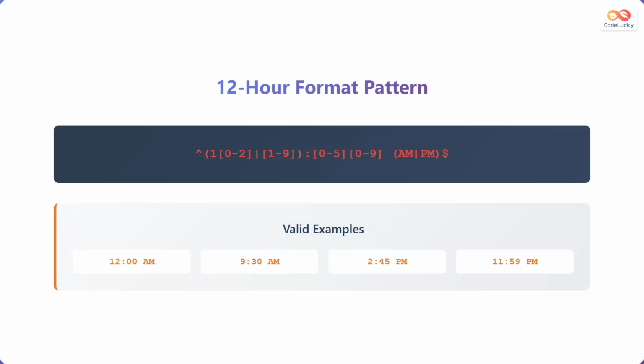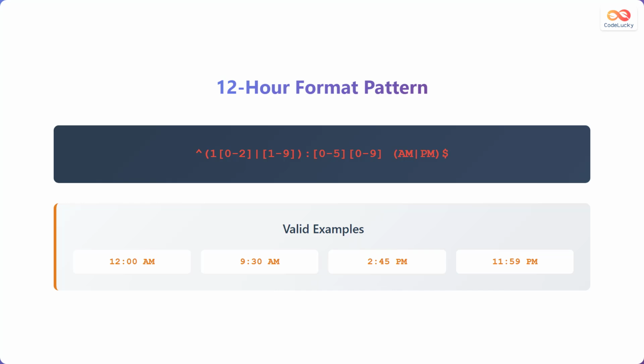Now let's move on to the 12-hour format. This format represents time from 1:00 a.m. to 12:59 p.m. Here is the regular expression pattern for validating a 12-hour time format.